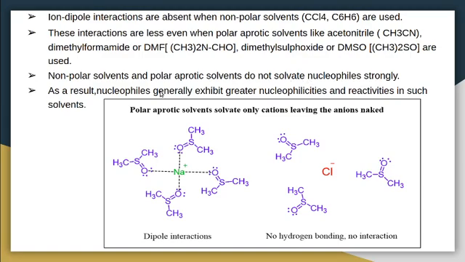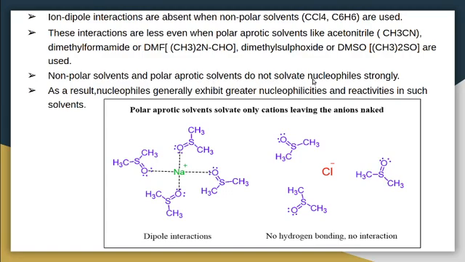As a result, nucleophiles generally exhibit greater nucleophilicities and reactivities in such solvents. So when we use non-polar solvents and polar aprotic solvents, the nucleophiles are not solvated by the solvents.